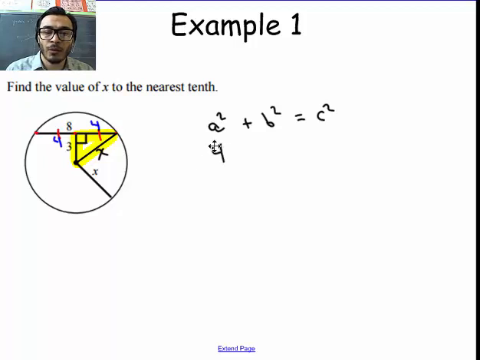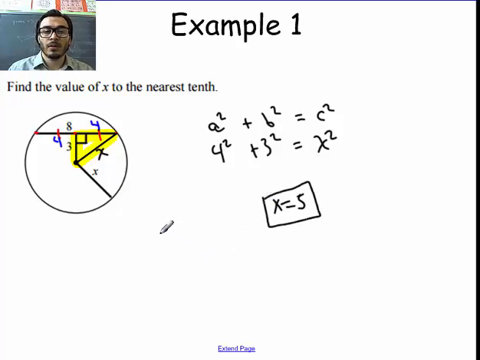So we got 4 squared plus 3 squared equals x squared. Remember, in the Pythagorean theorem, x is always the hypotenuse. So you're going to do some Pythagorean theorem. You'll see, of course, that x is equal to 5. So the answer is 5. There was no need to round here. So that's our first example.